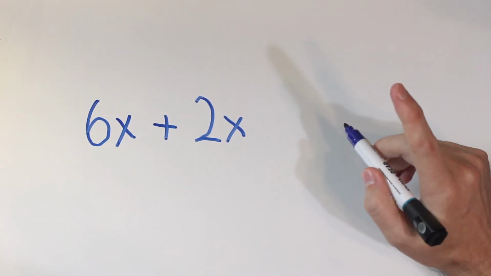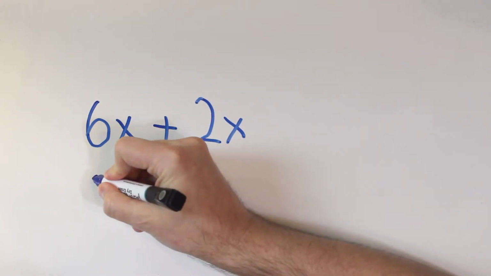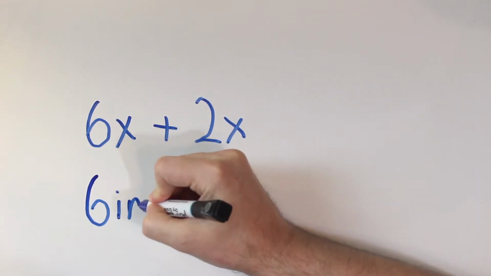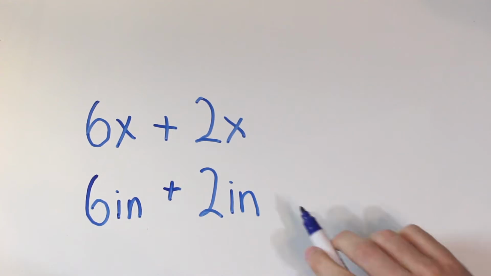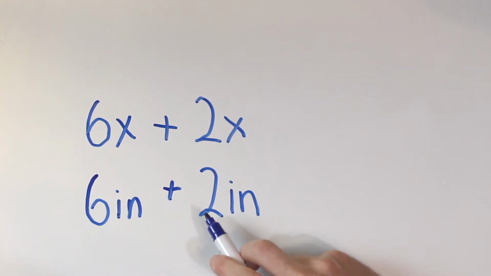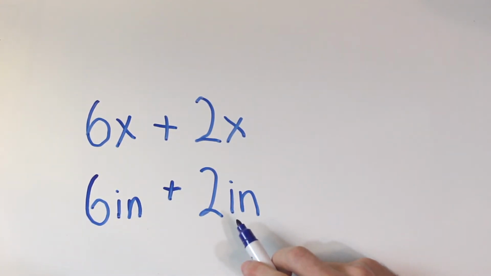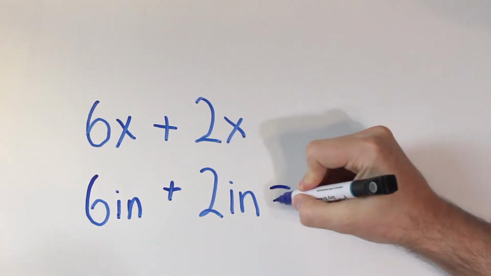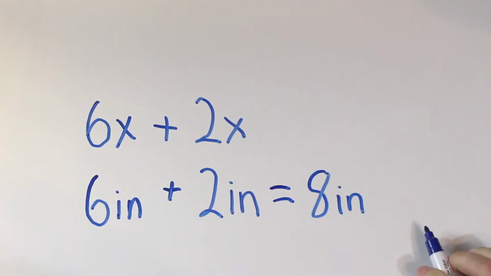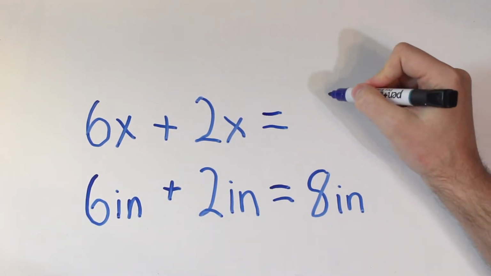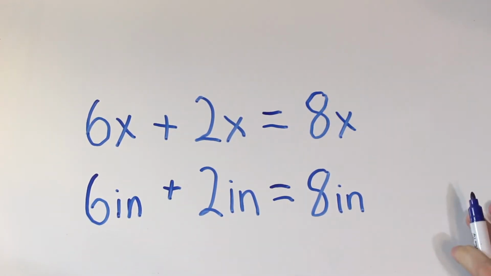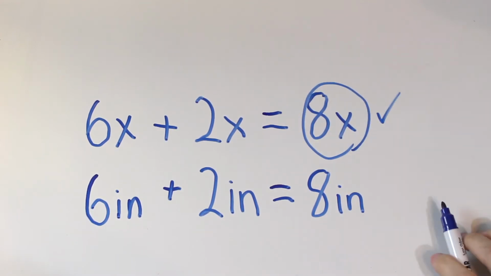Let's imagine that x is an inch. If we had 6 inches plus 2 inches, that would be easy, correct? It would just be 8 inches. So 6x's plus 2x's is also easy. It's just 8x's, or 8x. And there's your answer.